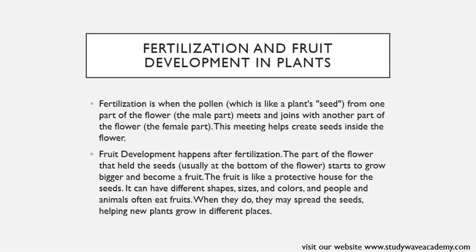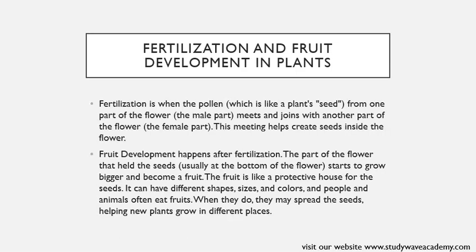When they do, they may spread the seeds, helping new plants grow in different places. So fertilization is when the seeds are made, and fruit development is when the seeds get a protective home to grow into new plants.